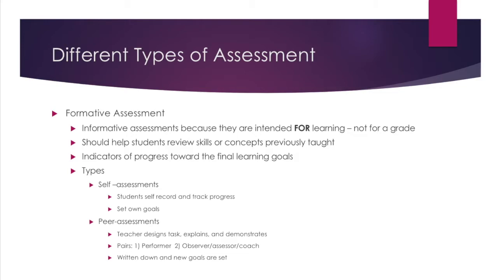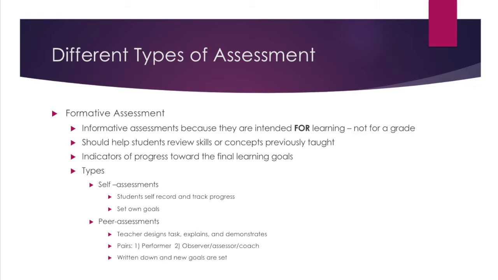There's different types of formative assessment. There's self-assessments where students can self-record and track their progress or set their own goals. There's also peer assessments where teachers design the task, explain, and then demonstrate. So, for example, if you have a pair of students, one student is a performer, one student is an observer, assessor, or coach.